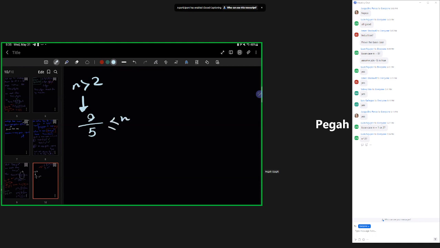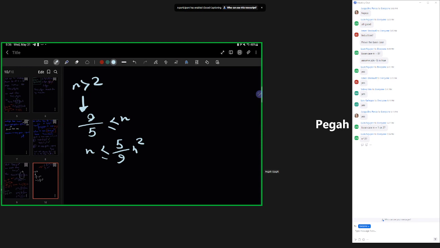So let's consider this one, and then 5 over 9 n squared is greater than n. Why do I consider 9 over 5? Because I need to consider one of the n squared to be outside. So if n is greater than 2, n is greater than 9 over 5, which is going to be more than that number. So that's going to be the holding.